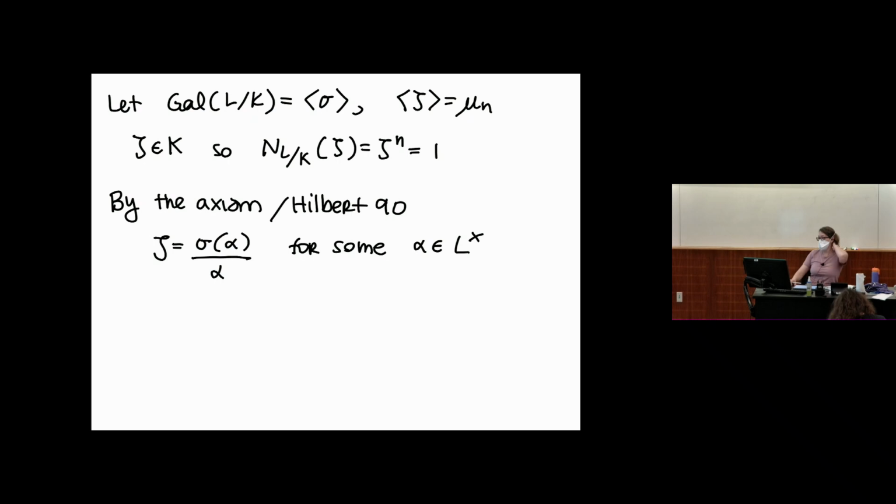That's where the axiom comes in: every element of norm 1 is of this specific kind. Okay, so this tells me that containing K is this extension K alpha, and that's in L.